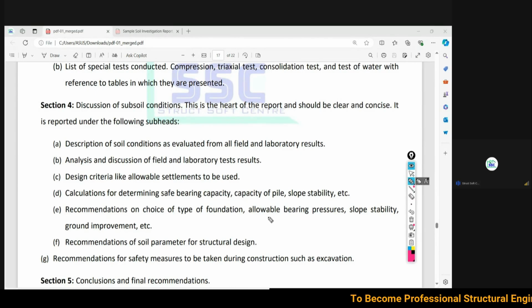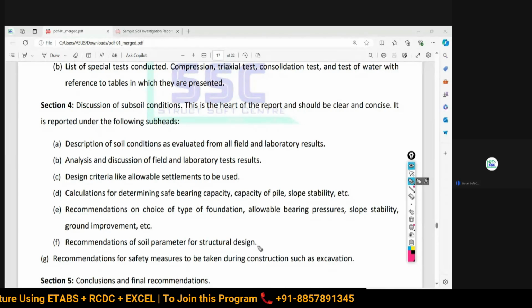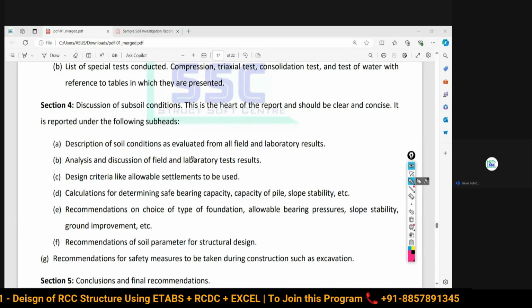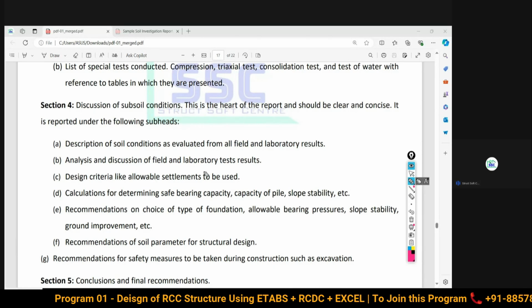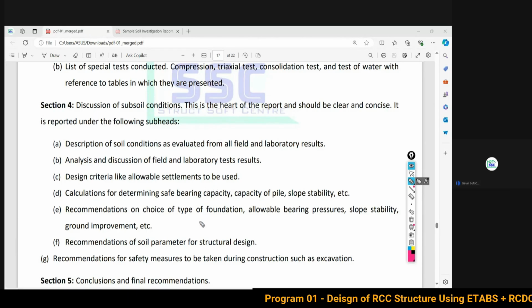They are also giving the allowable bearing pressure, slope stability, and ground improvement options, plus recommendation of the soil parameters for the structural design. So here they do the overall discussion, what they have done, what their findings are, and based on their findings they do the recommendation.